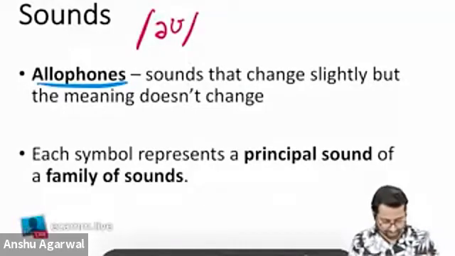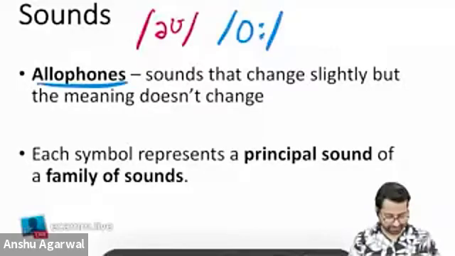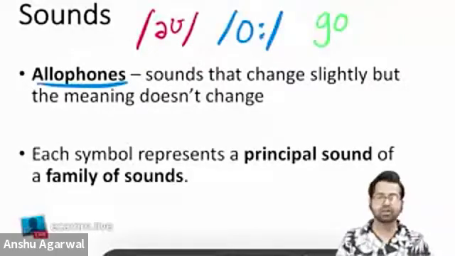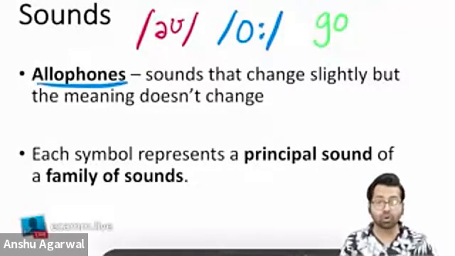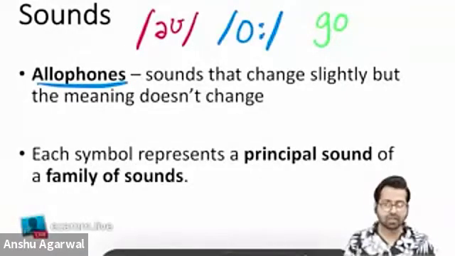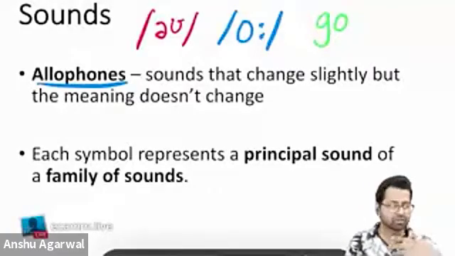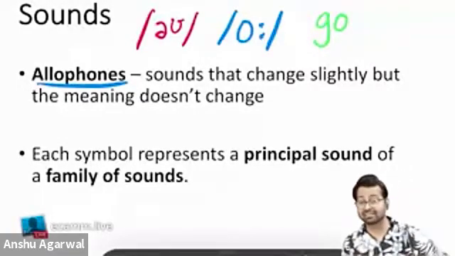So this sound has a similar variety in India, and it is the sound O. So when I say the word go in India, it's absolutely fine to say go. But if you hear a British person, they would say go, like go away. So you don't have to really copy somebody else's accent.